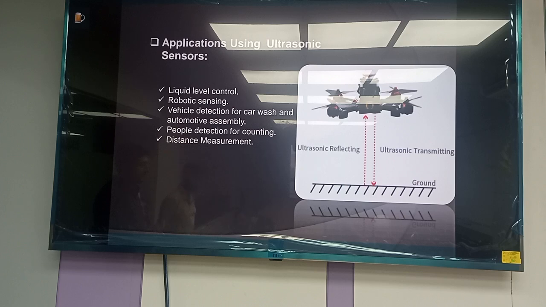For example, for a range of frequency, the reflected frequency will differ according to the distance, right? That's the way it works. So my question is, yes, the applications stored here are applicable for that sensor, but for liquid level control I will not use this. Why will I not use the ultrasonic sensor for liquid level measuring? What's the reason behind it?